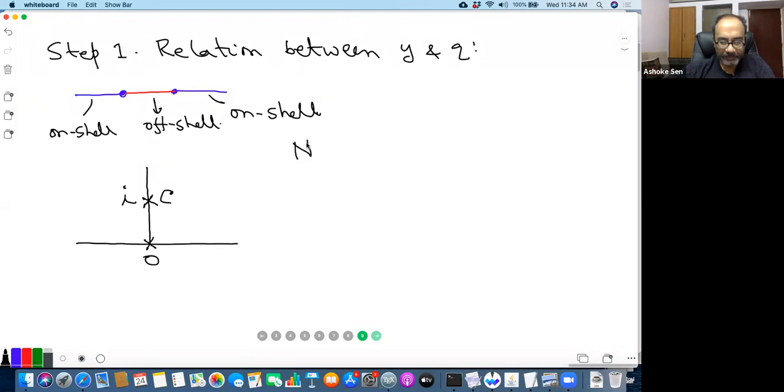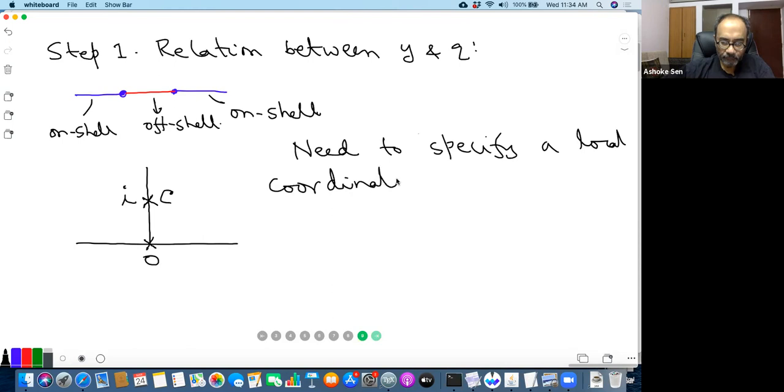We need to specify a local coordinate W at the open string. This is the coordinate system in which it's inserted.